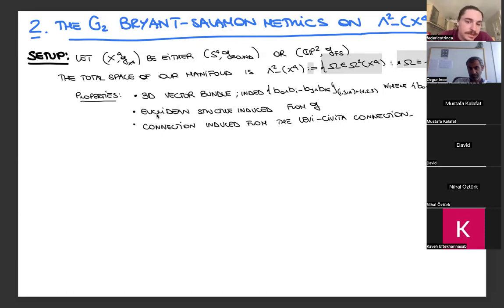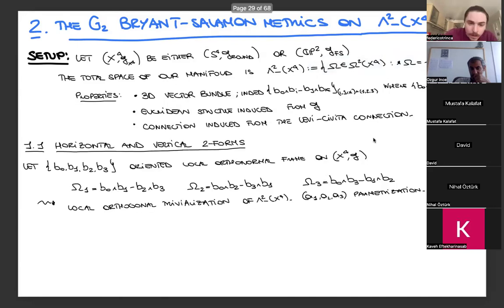So the total space has dimension 7, and it has a Euclidean structure which is induced from the metric on X4, and a connection which is induced from the Levi-Civita connection. So once again, we have a vector bundle with a connection. We can construct the horizontal and the vertical one forms.